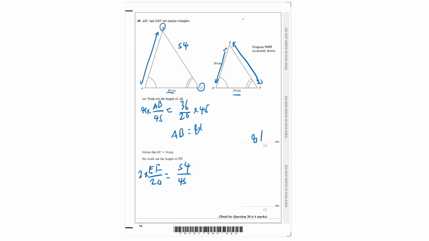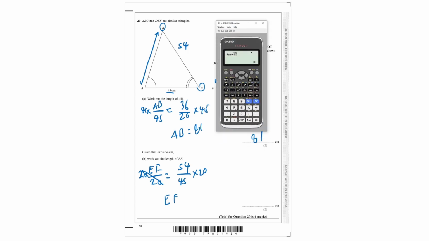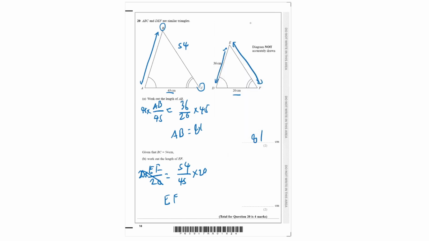Again, we multiply both sides by 20 to isolate EF, and this cancels out. We can find EF using our calculator. It is 54 divided by 45 times 20, which gives us 24 centimeters.